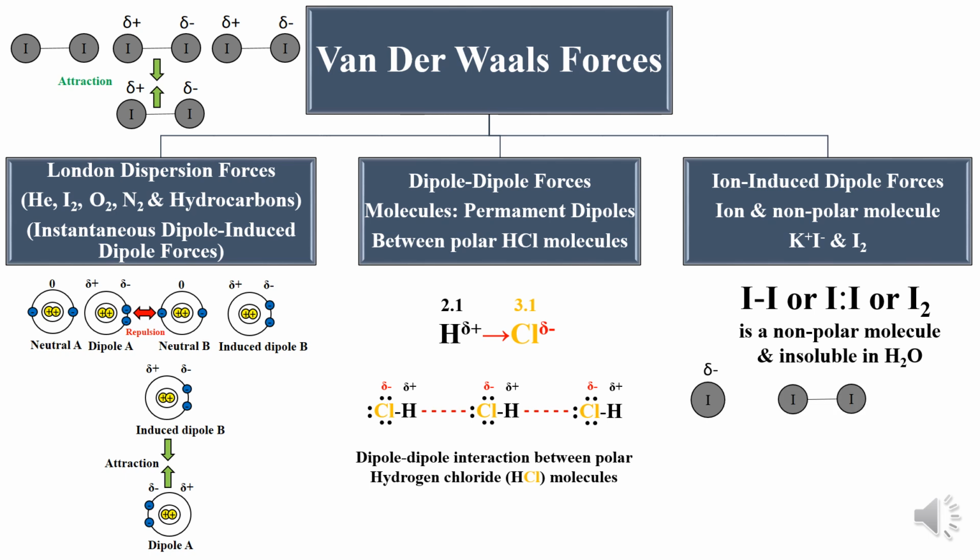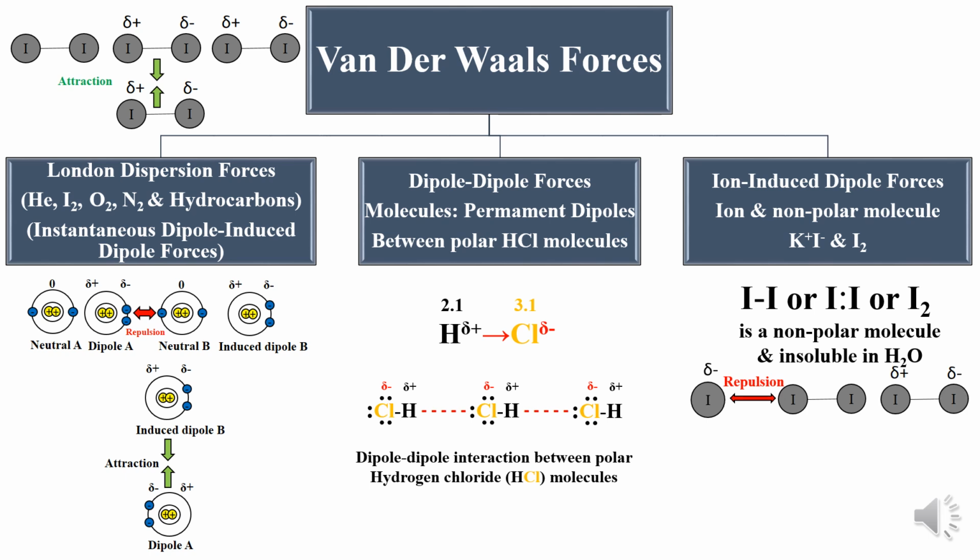The negatively charged iodide ion disturbs the electron cloud in the neighboring nonpolar iodine molecule, one of the iodine atoms of the iodine molecule, due to the repulsion between the negatively charged electrons between the valence shells.